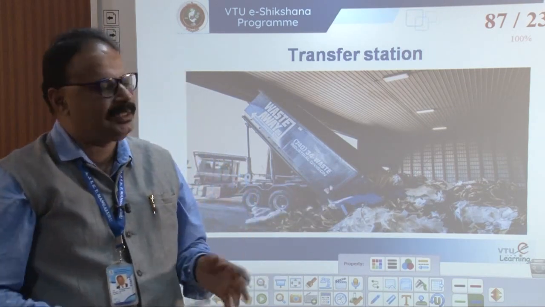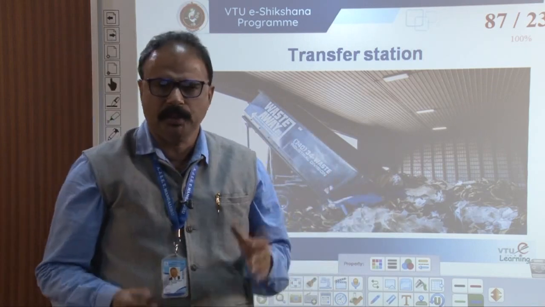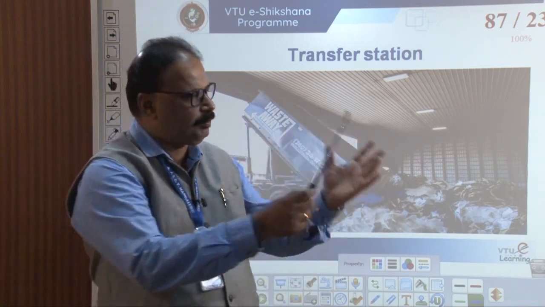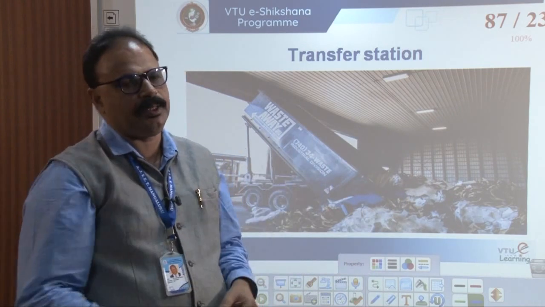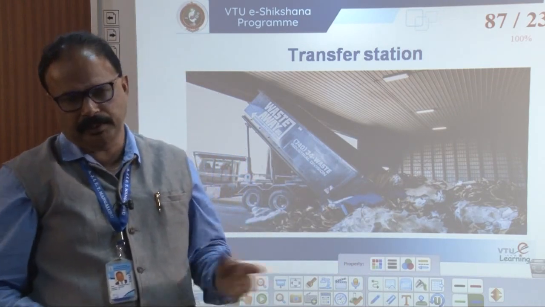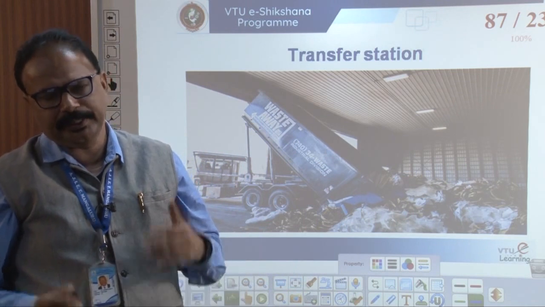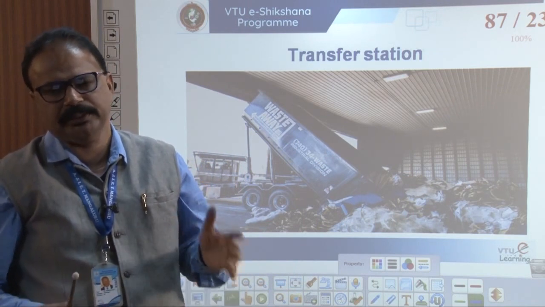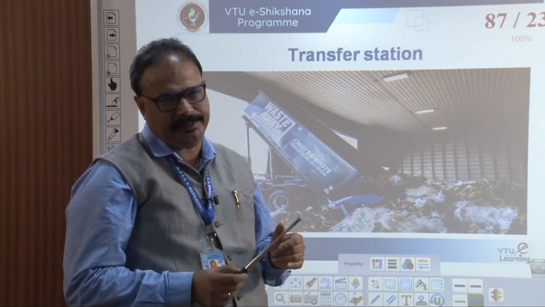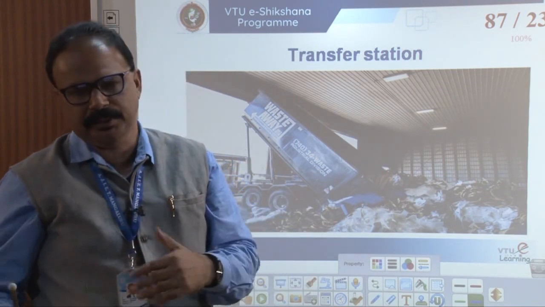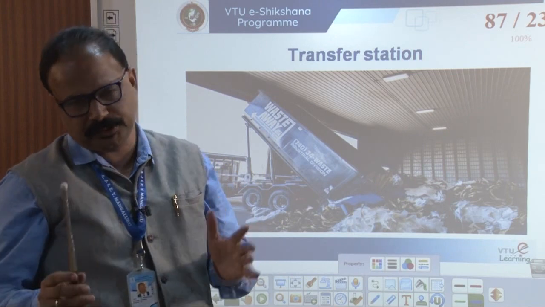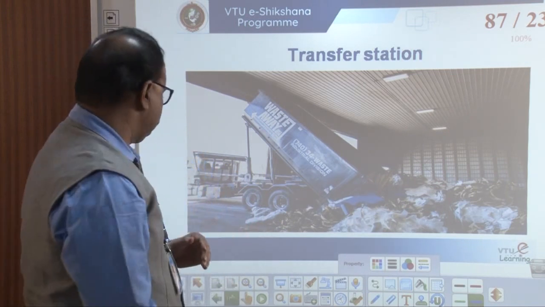If metal is there, it is taken by the vendors. Paper waste is also taken by the vendors. Any organic waste is taken for composting nowadays. Then the unwanted waste is taken to the dump site, which is minimum waste. That way, a transfer station is needed.